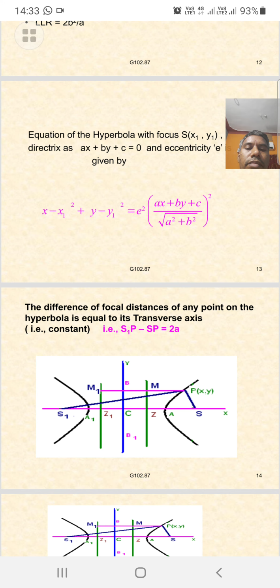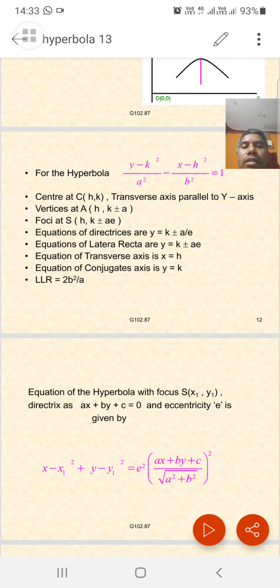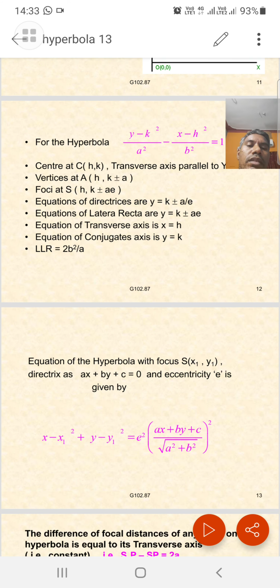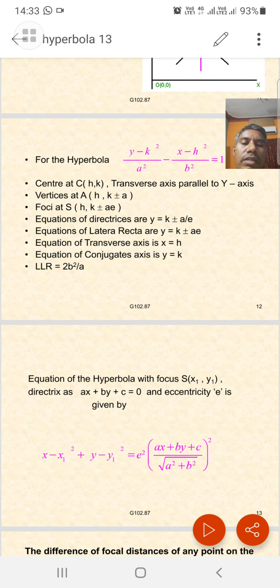This equation is useful for the three conic sections, that is parabola, ellipse, and hyperbola. If the data is given like focus, directrix, eccentricity, it is useful to find all three equations. So this formula is common for the three chapters on conic sections.